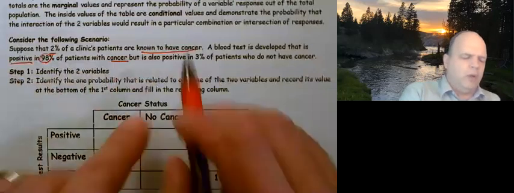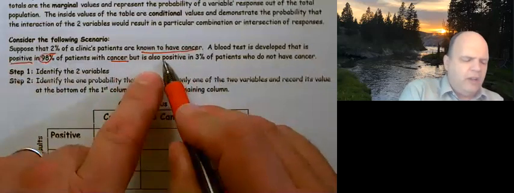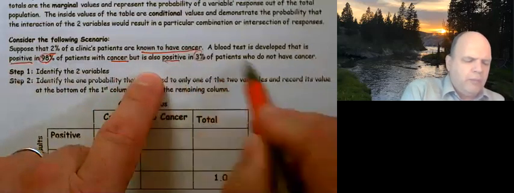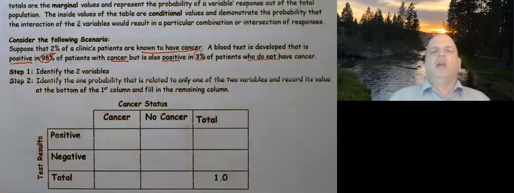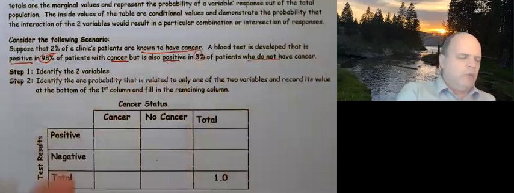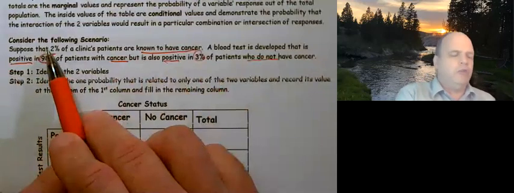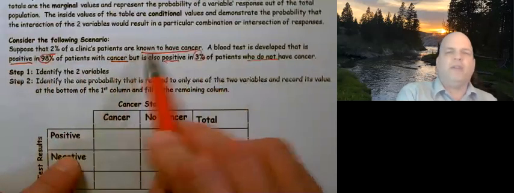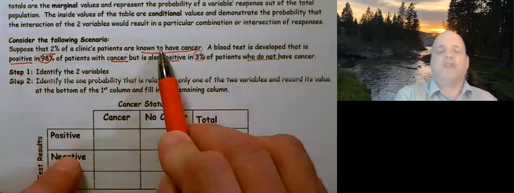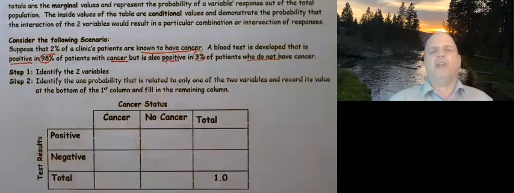So let's look at this one. But it's also positive in 3% who do not have cancer. So once again, it's positive, do not have cancer, two variables. So when I go back, let's check this 2% out one more time. 2% of the clinic's patients are known to have cancer. That is tied to cancer only. It's not tied to positive, negative, or anything else.